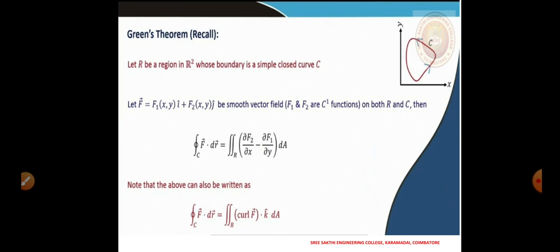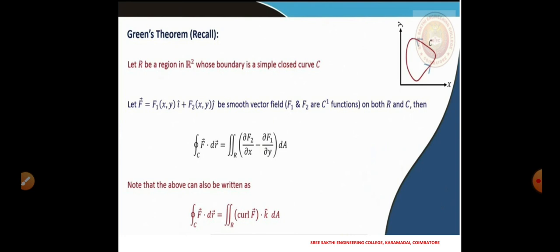We will go to the third component only, that will survive, and all the others will vanish when taking the dot product with k vector. We are going to have dou f2 by dou x minus dou f1 by dou y. This is the third component, and then we will have something with i vector, something with j vector and then k vector.